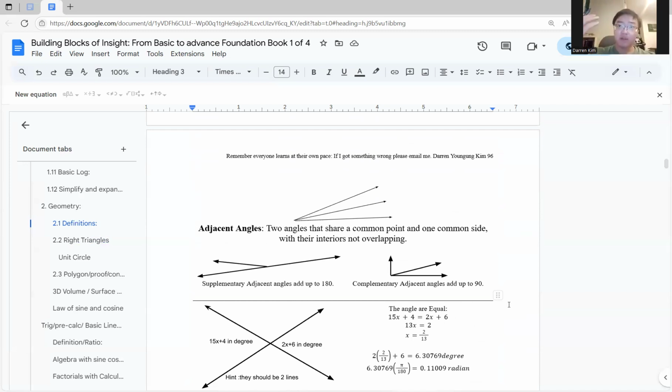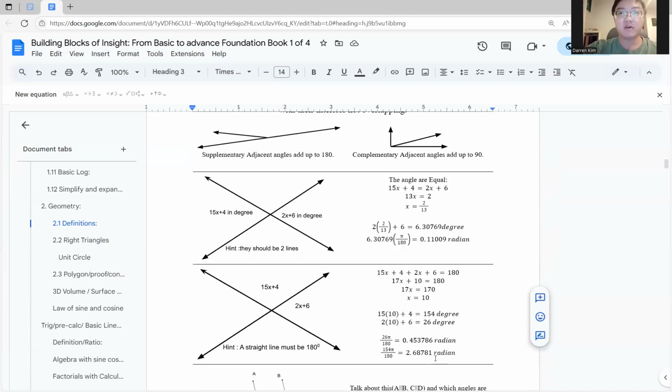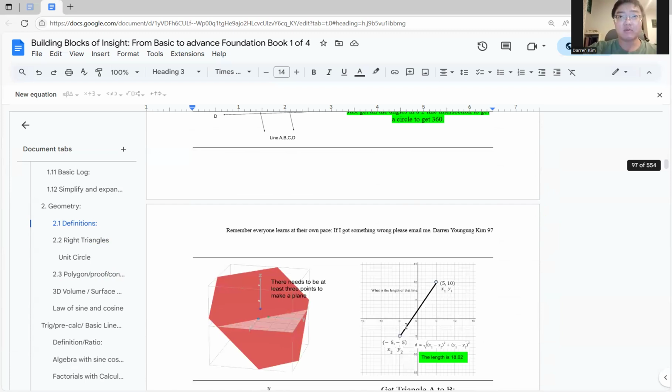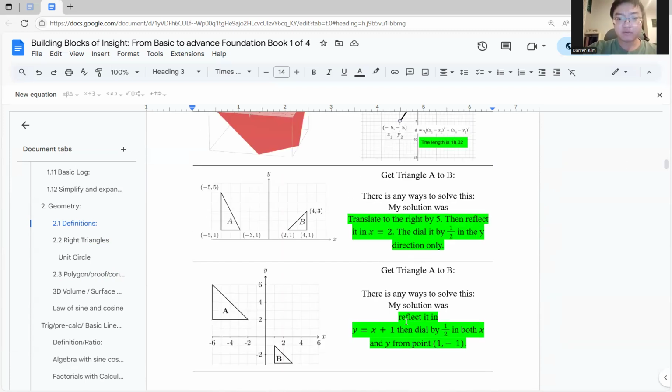Over here we have supplementary and complementary angles because I forgot to add them. It might be a good idea to put a right angle there, but I didn't want to because LaTeX is a pain. Actually, I think that was by hand, but it doesn't matter.